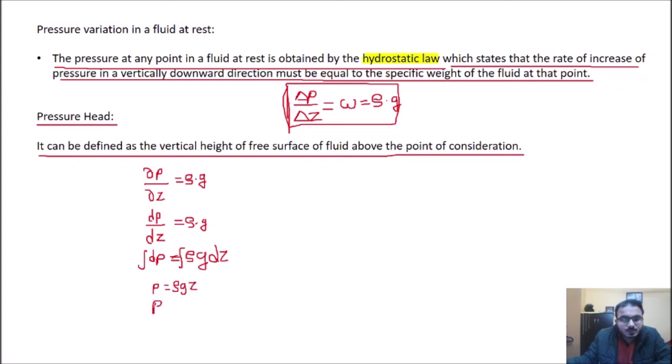So now P upon rho G is equal to Z. So this is known as the pressure head.